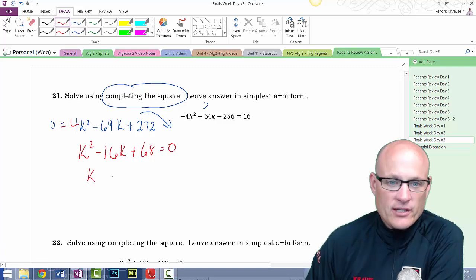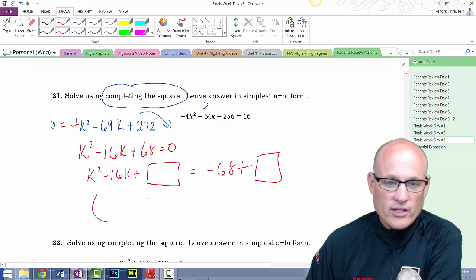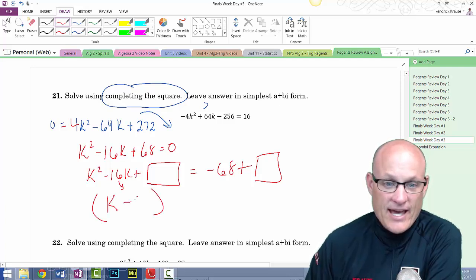So I have to get the constant over to the other side, so negative 68 plus square. Completing the square, what goes in the parentheses is half of this. Here goes 64 squared, so 64 goes here. So I get equals negative 4.